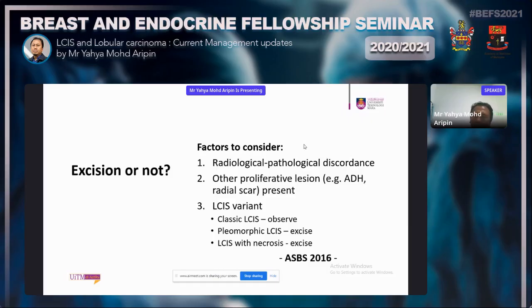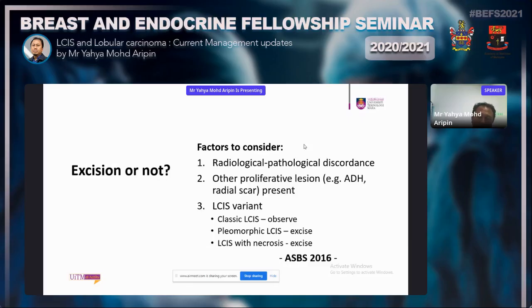Or probably you look at the mammogram if you can find any suspicious lesions seen in the mammogram. If there is any radiological pathological discordance, then you might consider excision. Another thing is whether there is any other high risk lesion, proliferative lesions present at the same time.